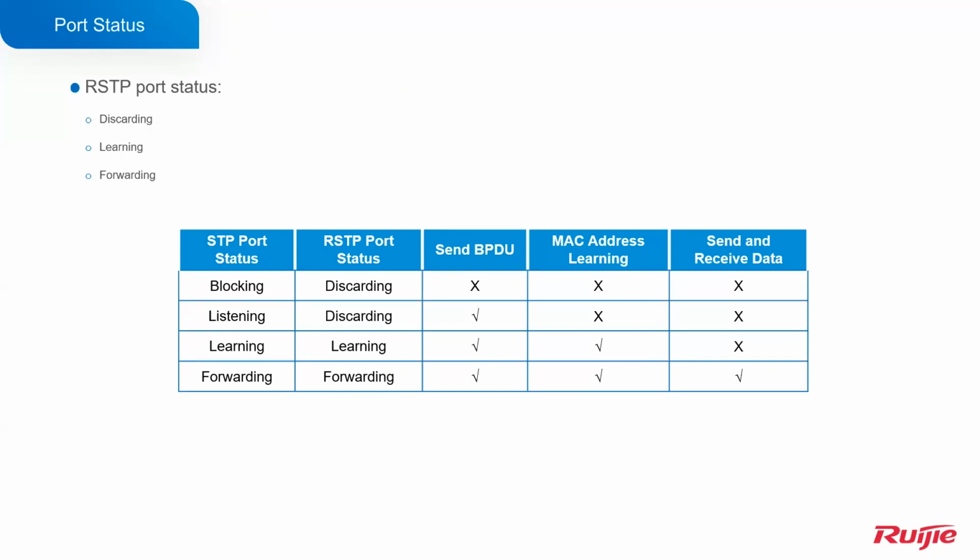Because in STP, both blocking and listening don't have any difference, as neither of them sends service data or learns any MAC address. So in RSTP, we modify it. We only have 3 port states: discarding, learning, and forwarding.